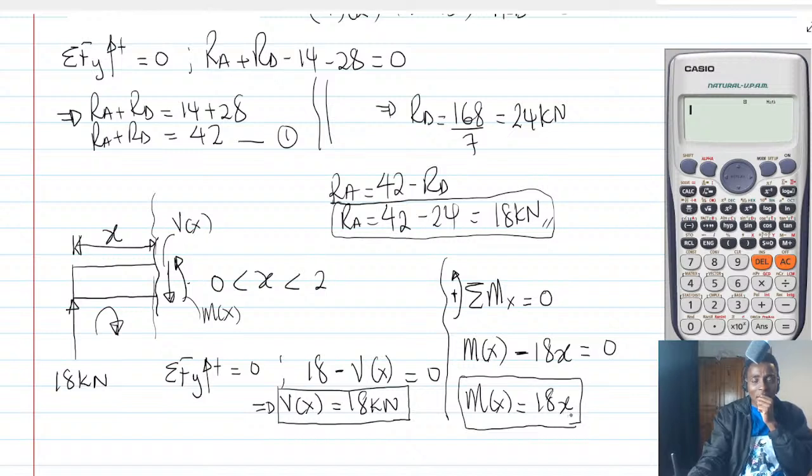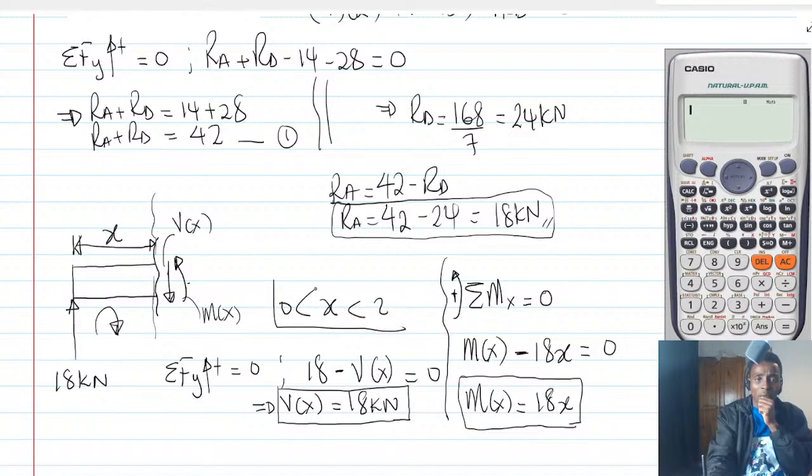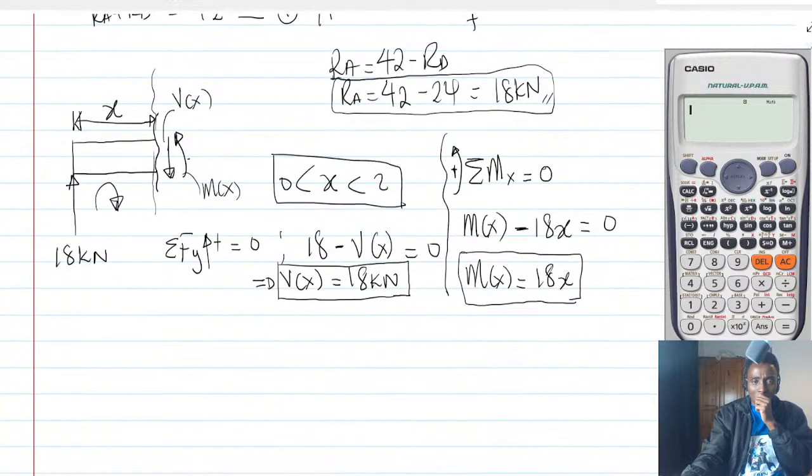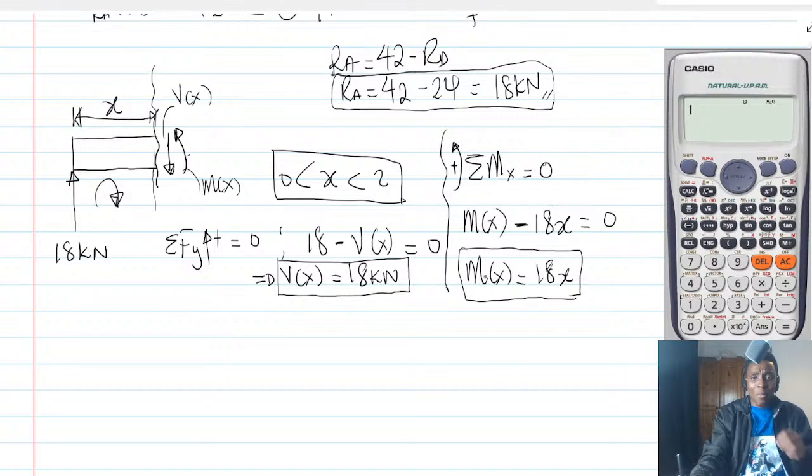But don't forget that the cut that we have done is actually x between 0 and 2. So it means that the minimum moment will occur at x equals 0 and the maximum moment will occur at x equals 2. Alright. So we are done with the first part.